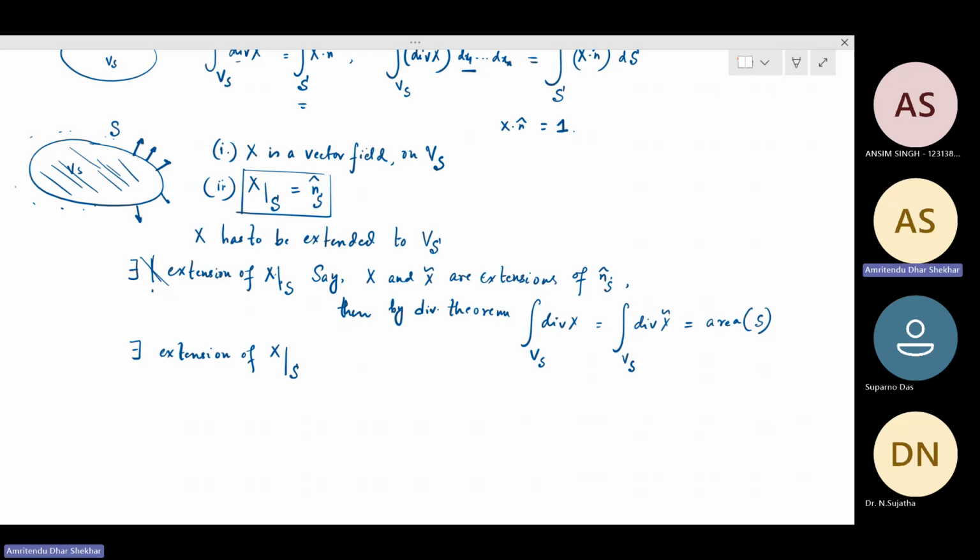Right, and the idea is that there is something called a tubular neighborhood of the surface, and every surface has a tubular neighborhood.